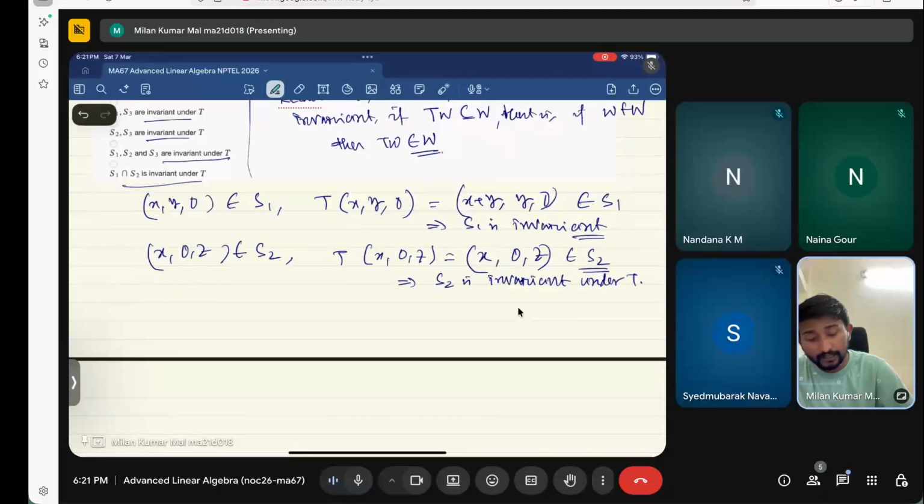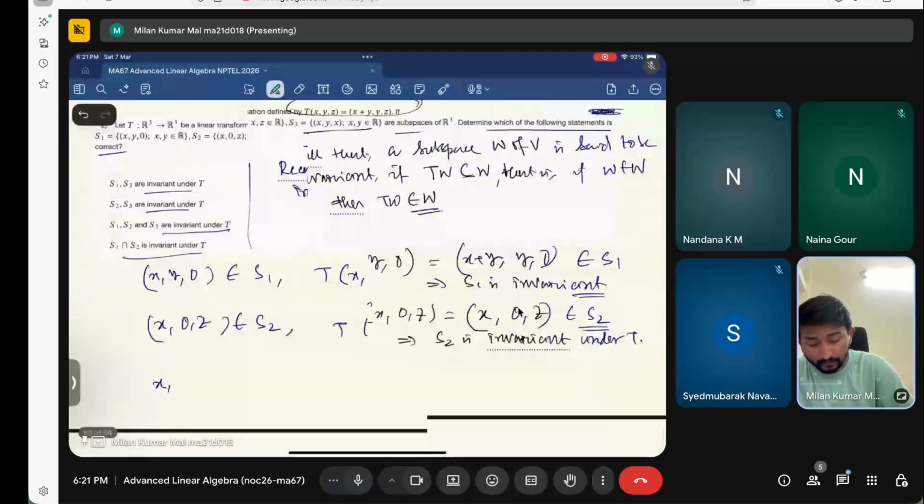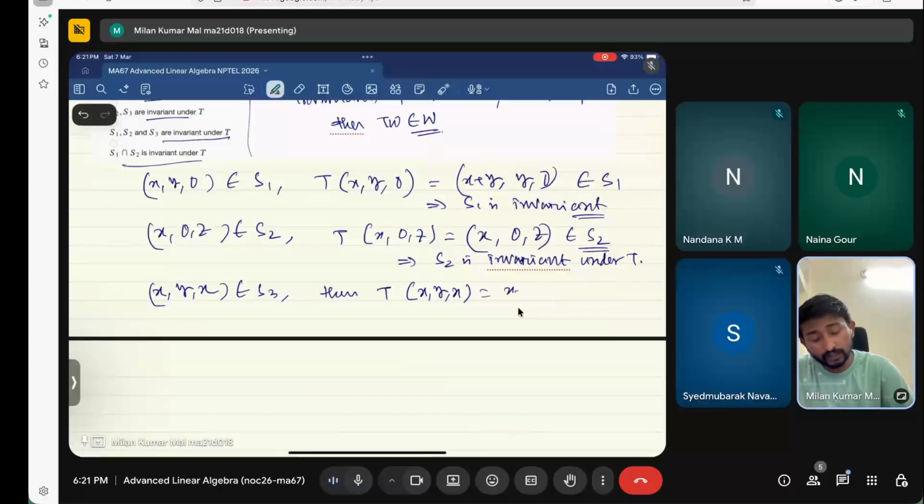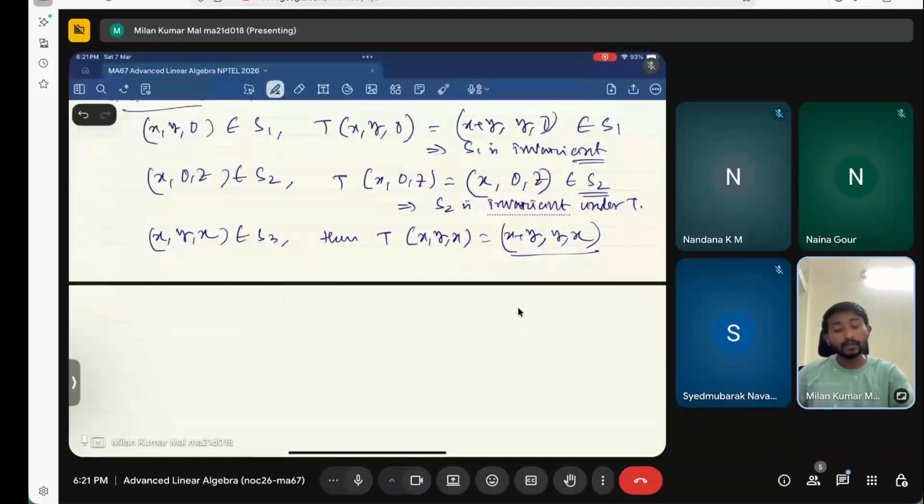Now the third one. The entry in S3 is (x, y, x). So (x, y, x) is in S3. Then T(x, y, x) will be (x + y, x). But now the question is whether this (x + y, x) is in S3 or not.